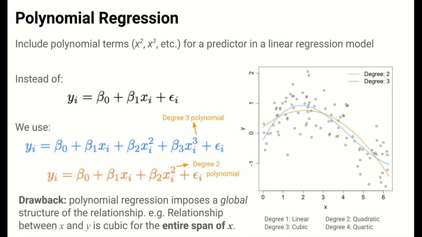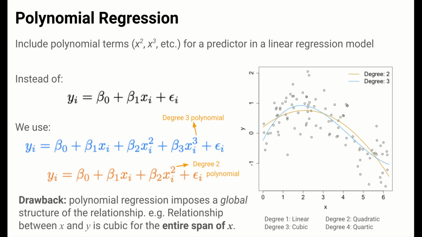Polynomial regression certainly gives us the flexibility to model nonlinear relationships, but the drawback is that it imposes a global structure on the relationship between the predictor and the response. What do we mean by global structure? For example, if we use a degree 3 polynomial for the predictor, this global structure is saying that the relationship looks cubic over the entire range of x, from 0 to 6.